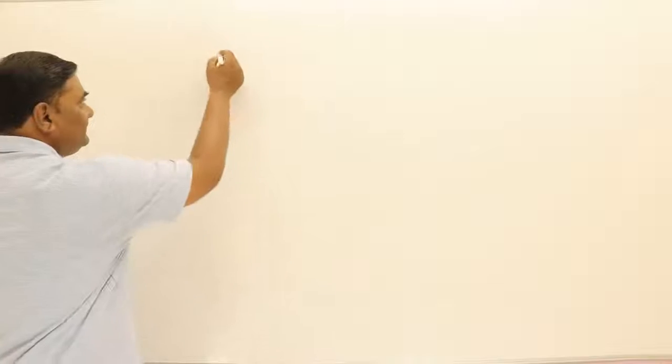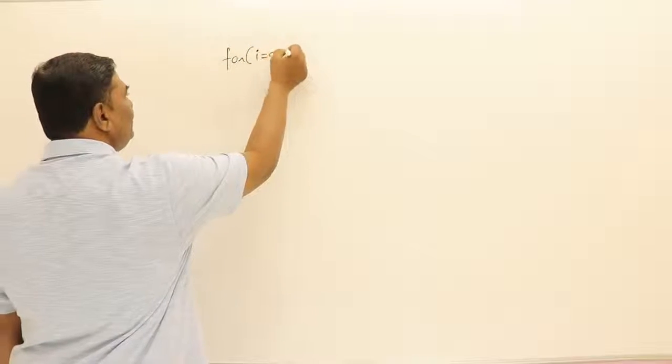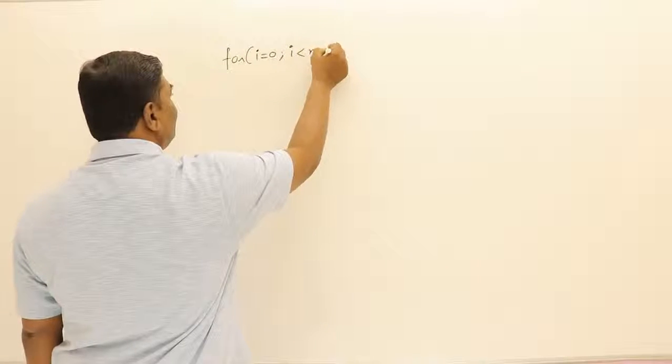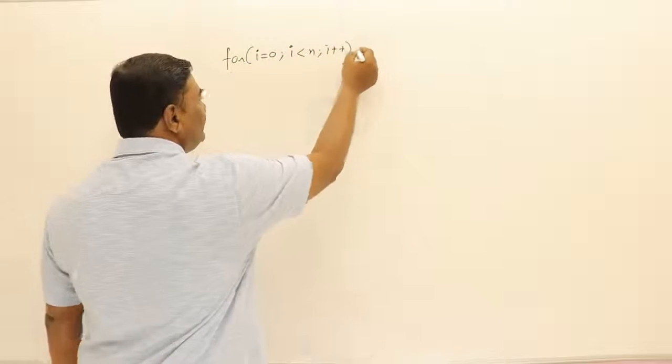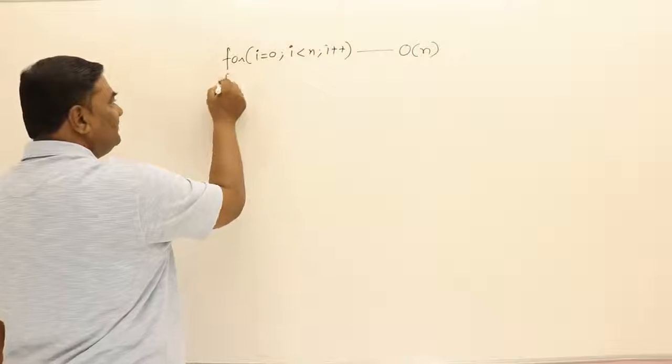Now let us write some pieces of code and see what the time complexities that we have got so far. See, if I write a for loop for I assign 0, I is less than n, I plus plus. For this we got the time as order of n. This is an incrementing loop.